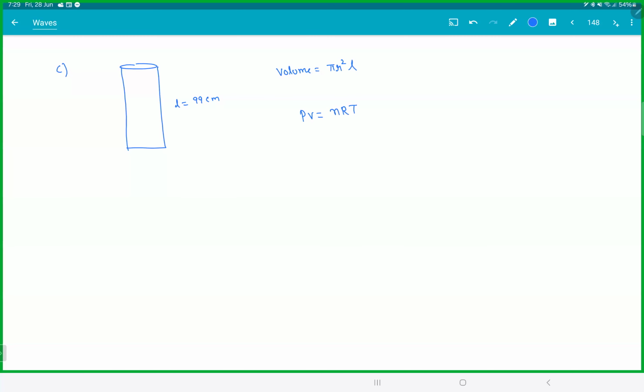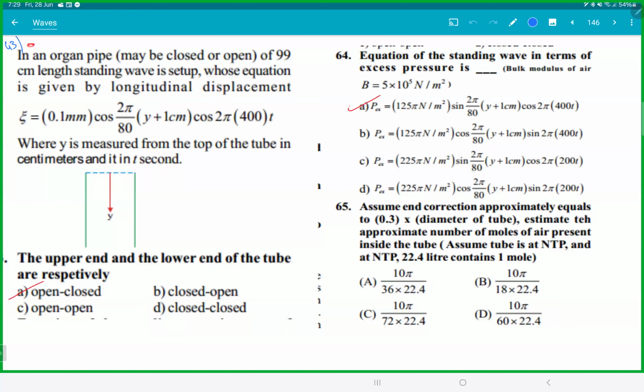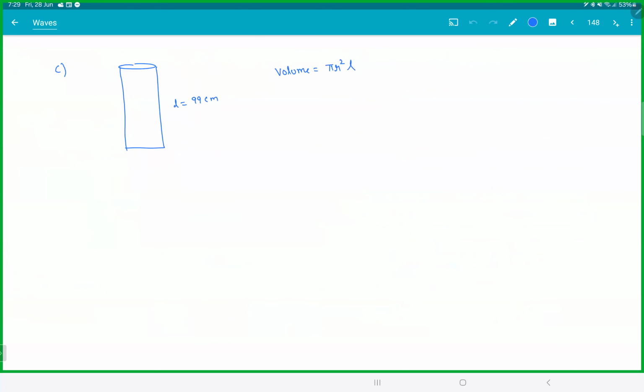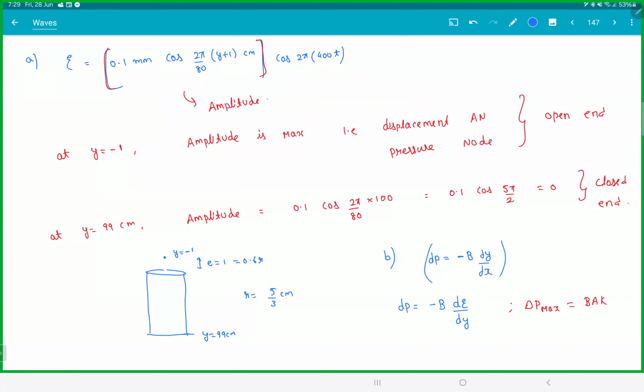Pressure we can take almost the same, even though it is slightly varying inside. Or you can actually use this concept. He said 22.4 liters is 1 mole. So 22.4 liter is 1 mole. Then pi r square L is how many moles? Unitary method, you'll get the answer. So that's the reason you need the end correction. You can figure out the number of moles inside. Do have a look at the question.